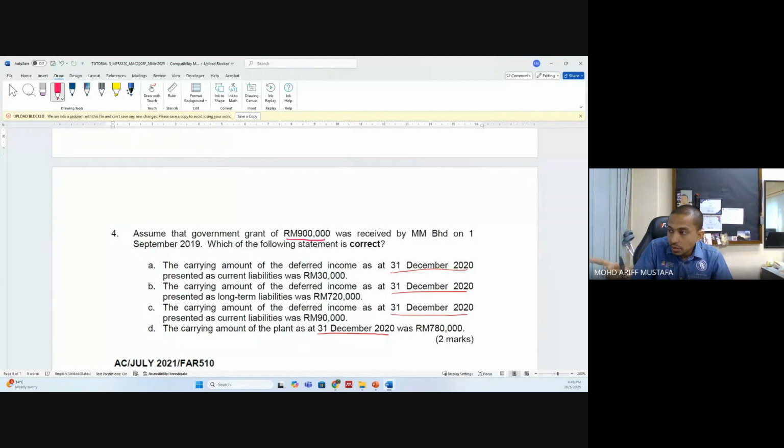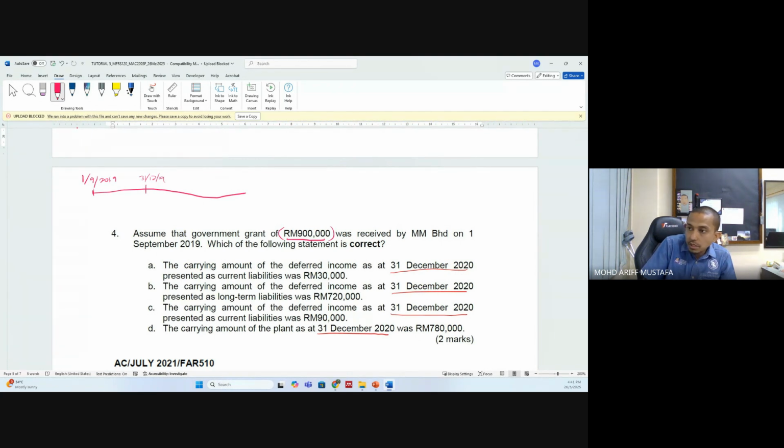What was received by Berhad on 1st of September 2019? Which one of the following statements is not correct? Okay, so if 900,000 is received on 1st of September 2019, the year end is again the same, 31st December 2019.